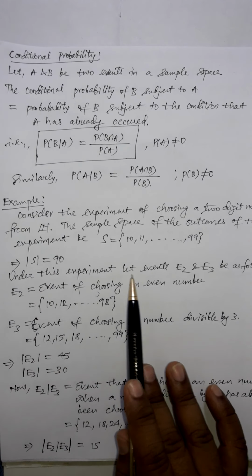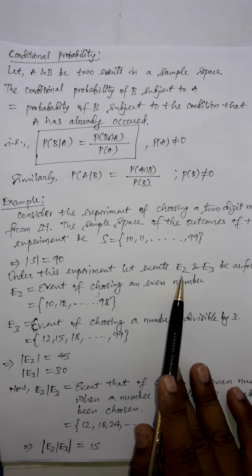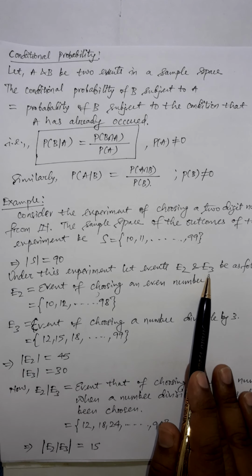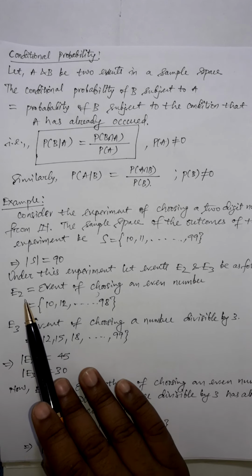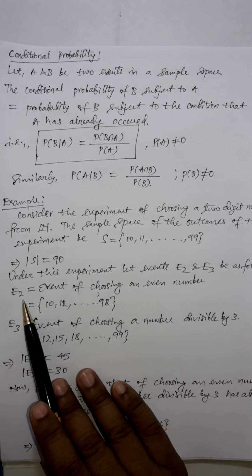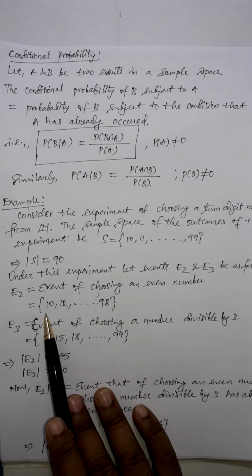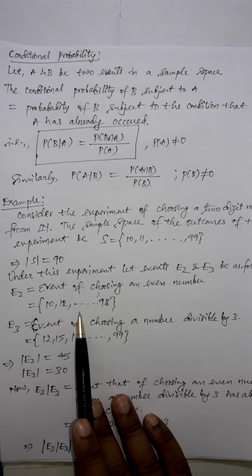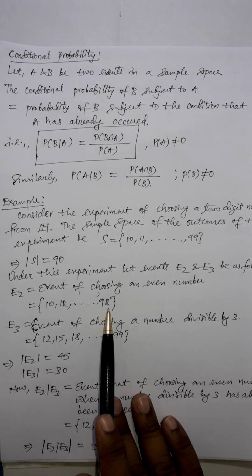Now under this experiment, let we have two events E2 and E3, which are as follows. Say E2 is the event of choosing an even number among these numbers, so it will contain 10, 12 up to 98.